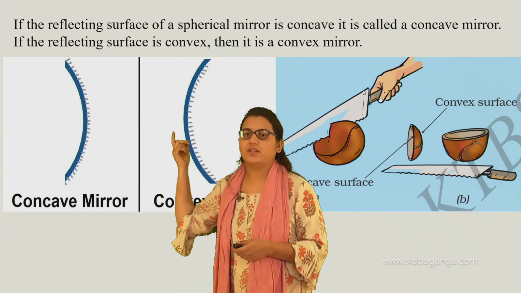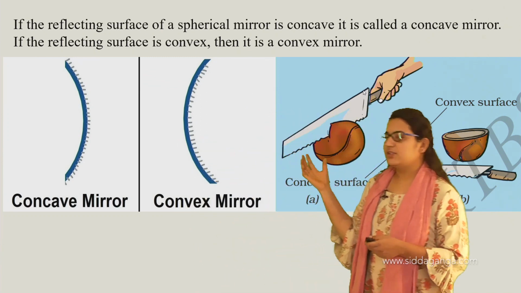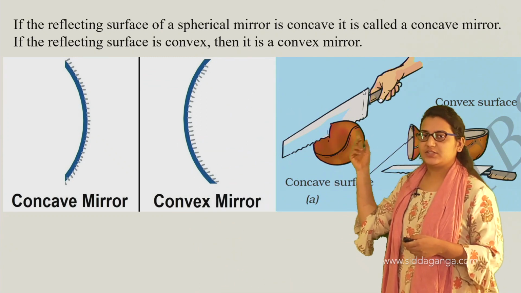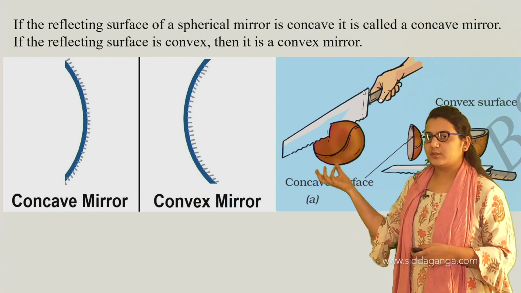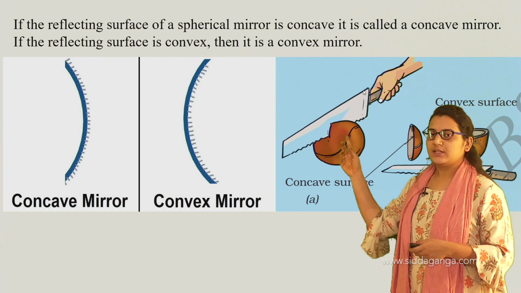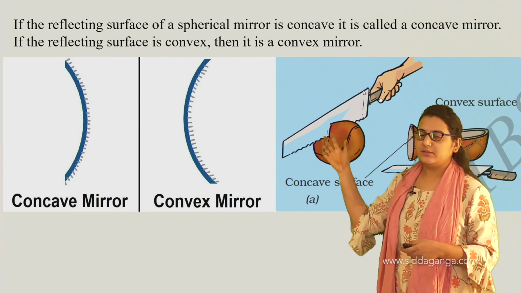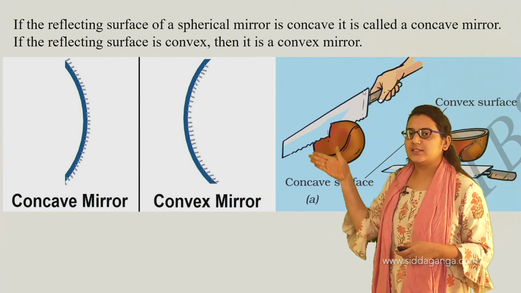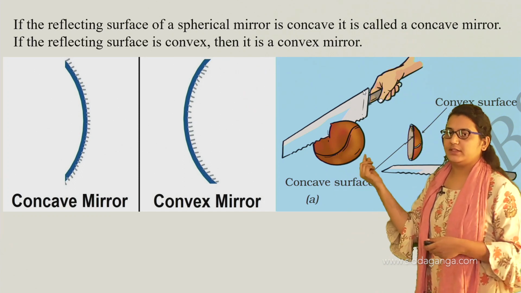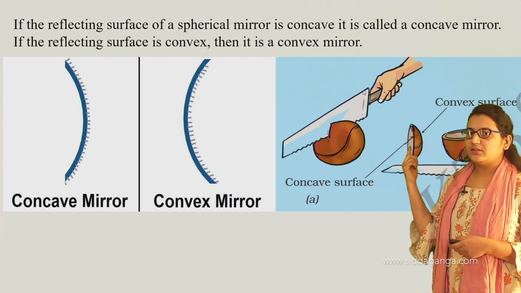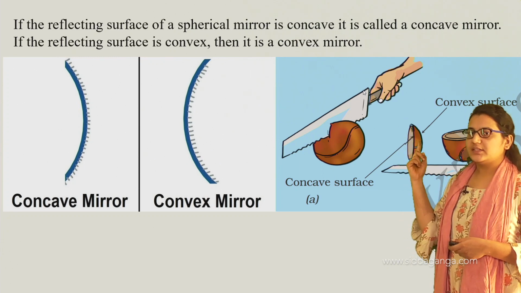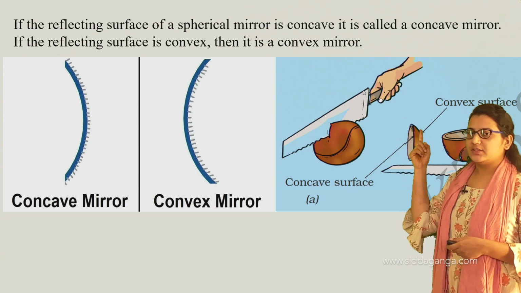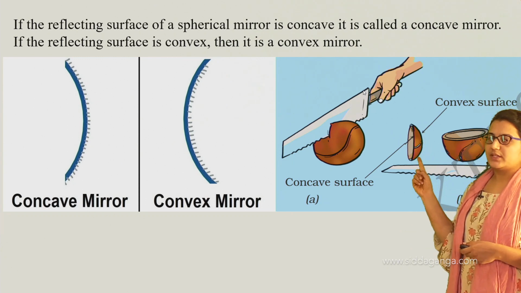Here is an example where we can see this clearly. This ball is spherical in shape, like a spherical mirror. Just relate these mirrors to this ball. If we cut this ball into two halves, this is what we get. Here the curved surface is inwards, and on this other part the surface is curved outside.